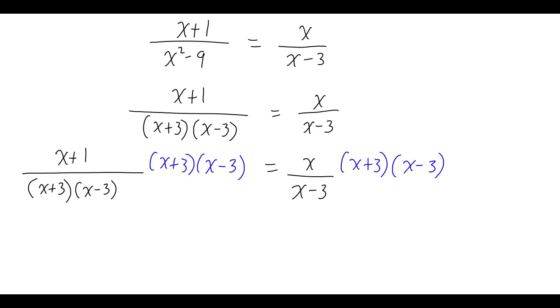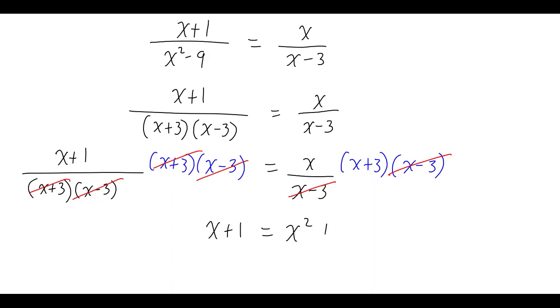Alright, so the x plus 3's will cancel on the left, the x minus 3's will cancel on the left. I'm left with simply x plus 1 on the left. On the right side, x minus 3 cancels with x minus 3 to leave me with this x times (x plus 3).